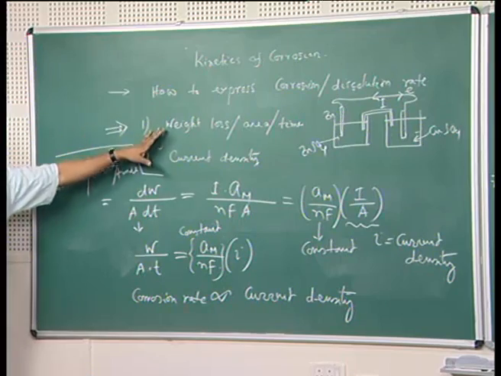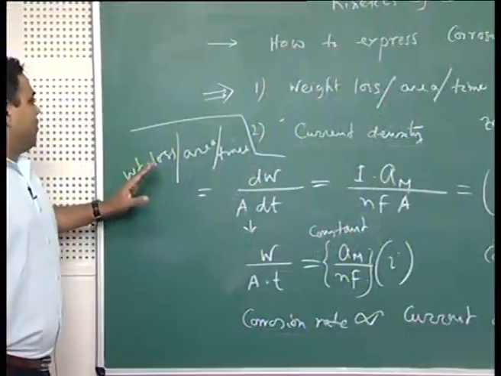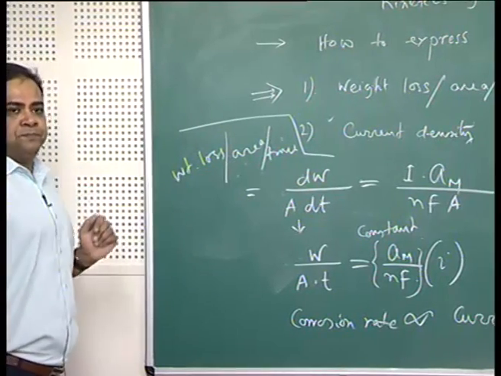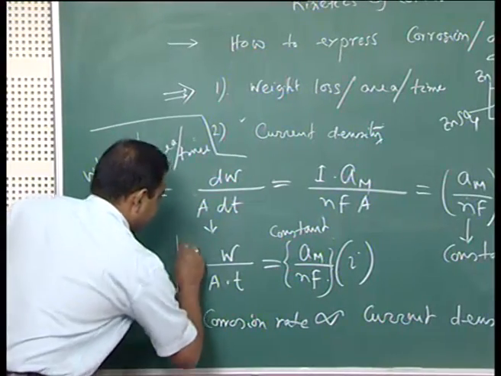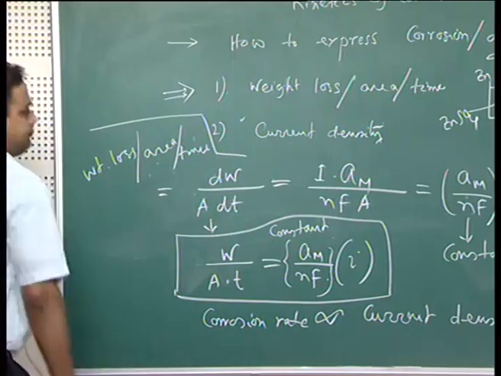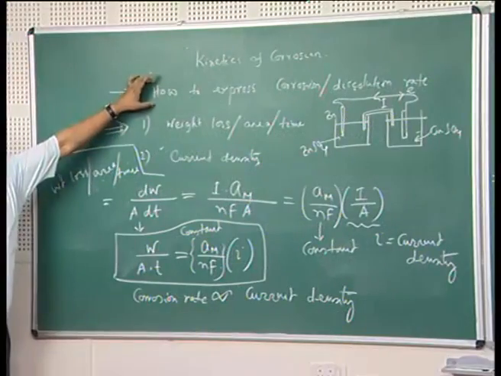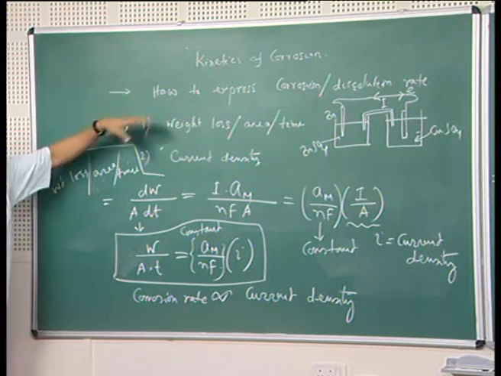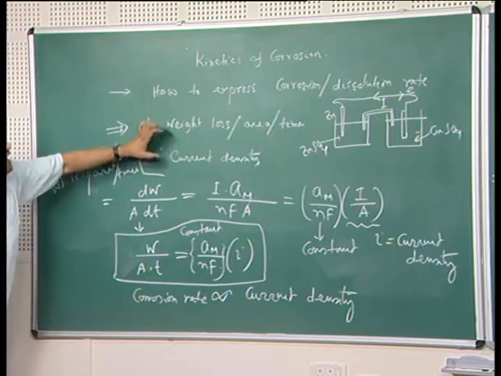Once you know the current density, you can express it in the form of weight loss per unit area per unit time. Fine. So, this is one important relation, which combines these two different modes of expression for corrosion rate, weight loss and current density.